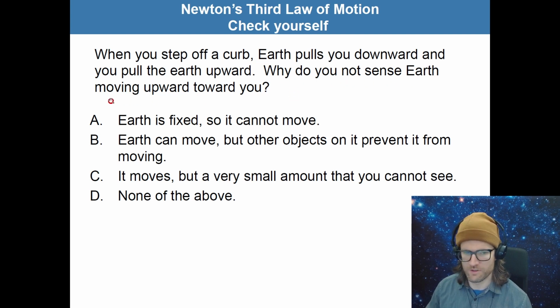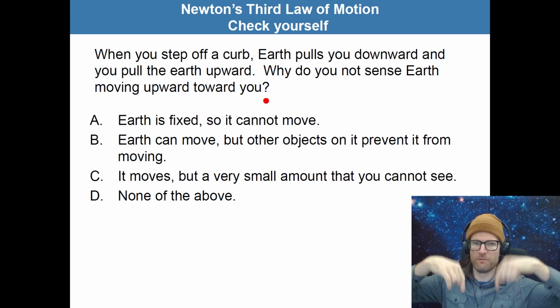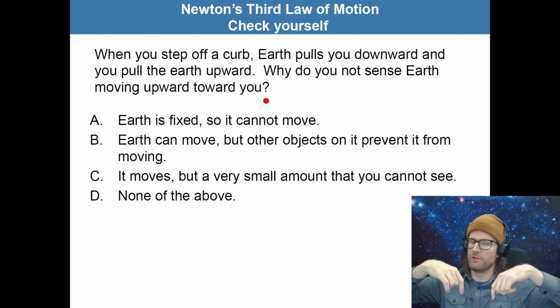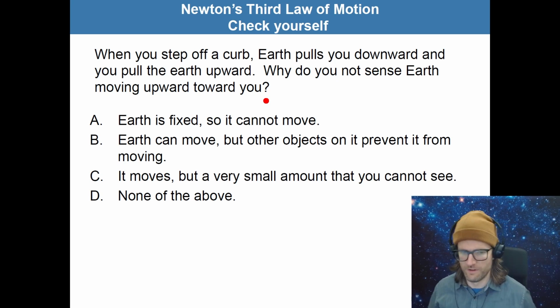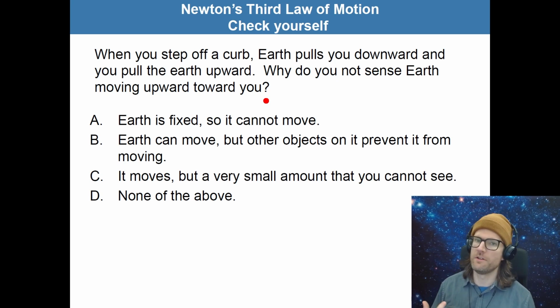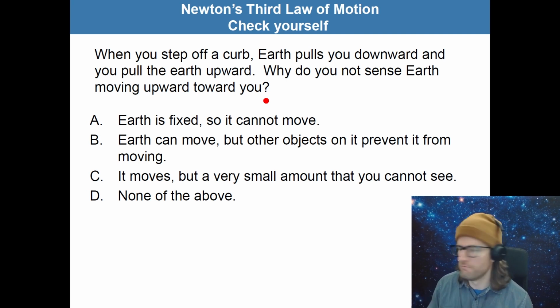Why do you not sense Earth moving upward towards you? You feel a force of gravity down from the Earth. That means by Newton's third law, Earth feels a force of gravity from you upward on it. Why doesn't the Earth fall up to you? The answer is, Earth is falling up to you, but it's so big, its acceleration is so tiny, you can't see it.